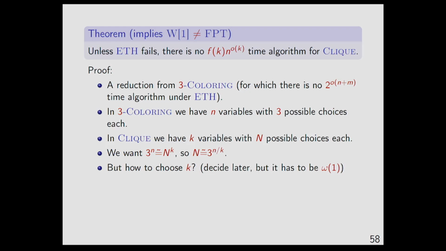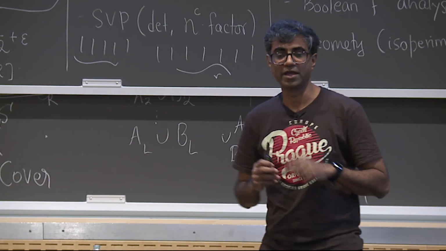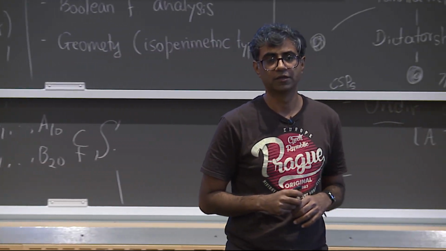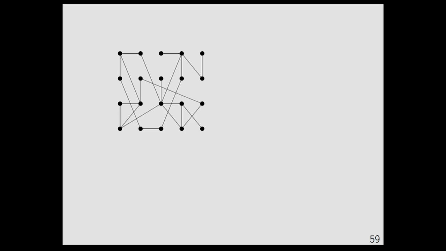Okay, so suppose this is my graph, an instance of 3-coloring, and I want to reduce it to an instance of clique. So what I do is I arbitrarily partition my vertex set into groups of size n by k. So how many groups do I have? k groups.